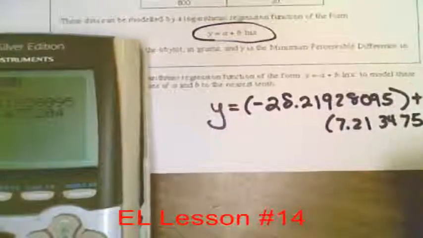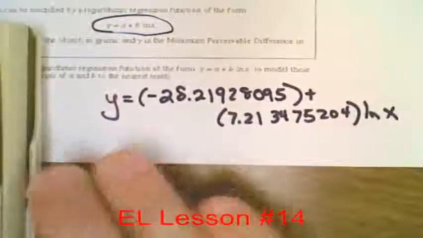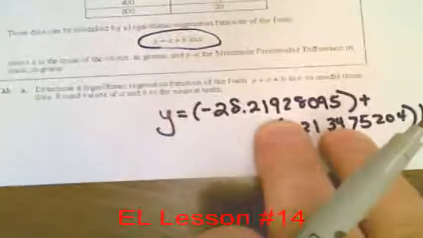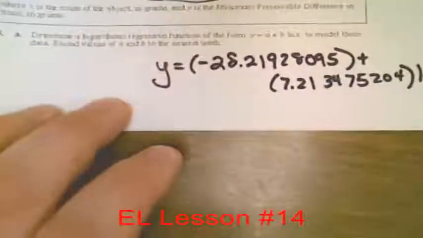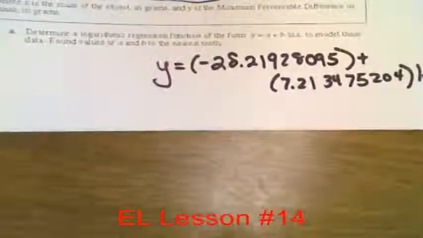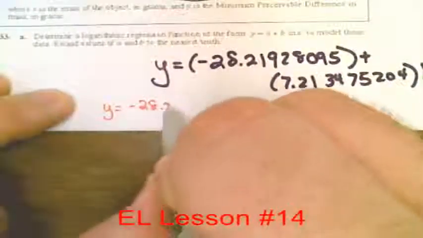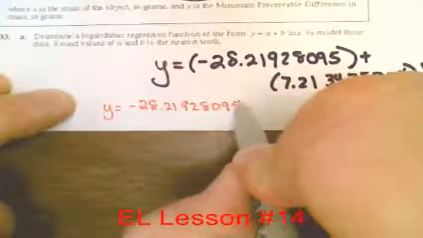So y is equal to a, which is negative 28.21928095, plus b, which is 7.213475204, times the natural log of x. There's my equation, written out just to make it neat.